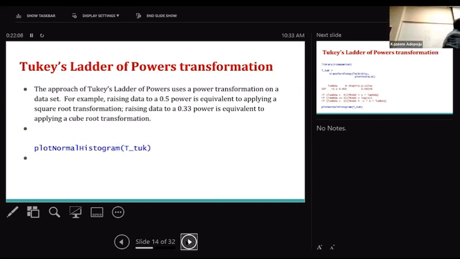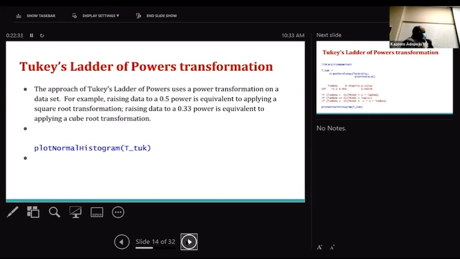Now, I said the Tukey ladder of power approach uses a power transformation on a data set. For example, raising data to the power 0.5, y to the 0.5, is the same thing as the square root of y. You know that, right? Which is y raised to the power half.